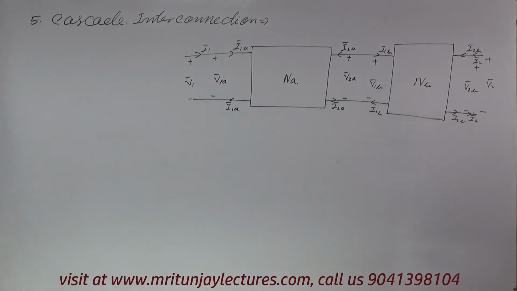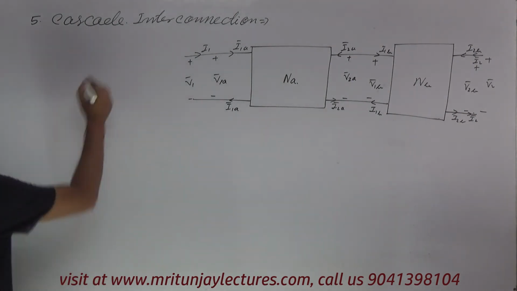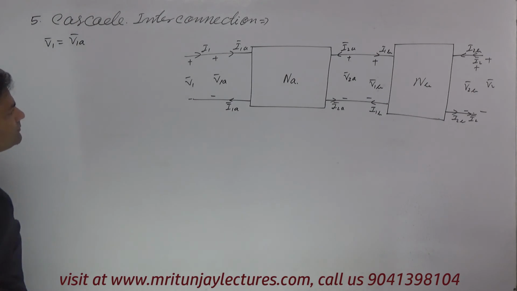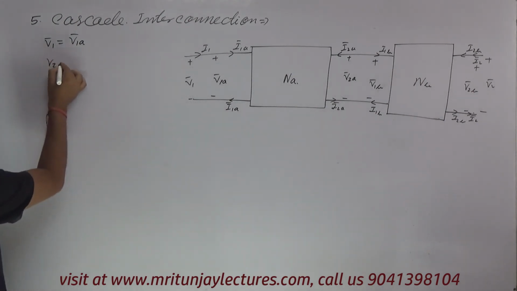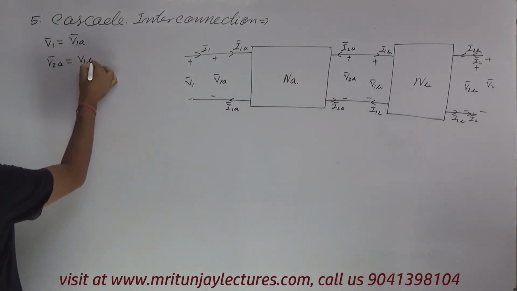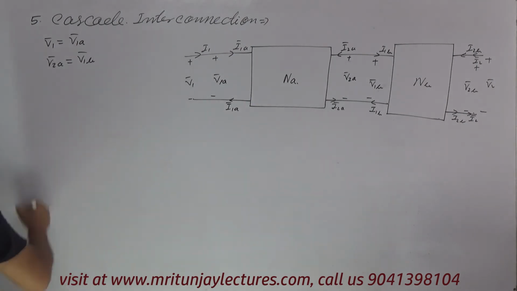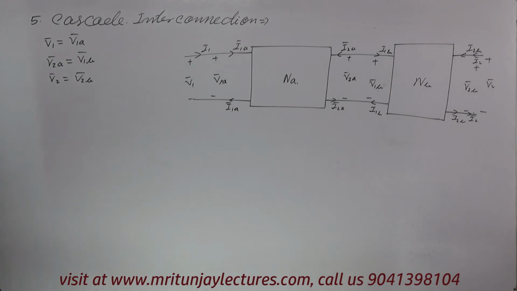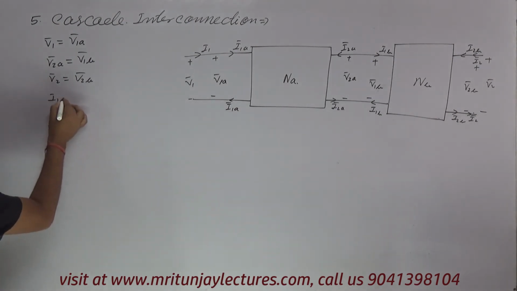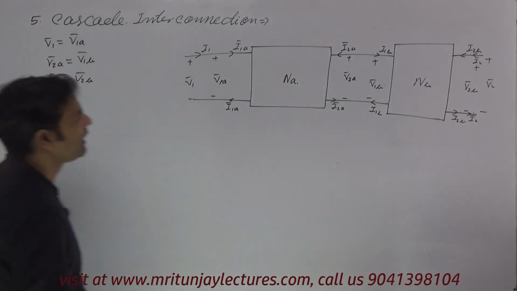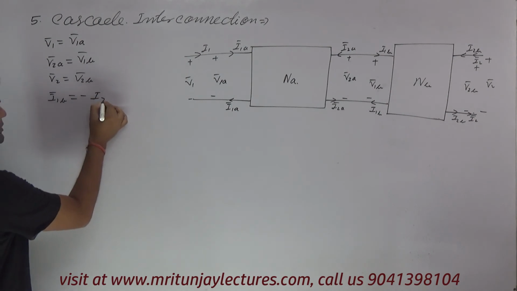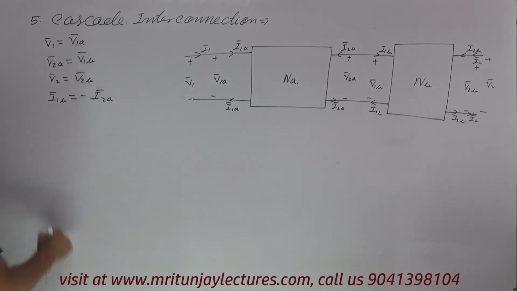Okay, now we got V1 is equal to V1A, and V2A is equal to V1B, and V2 is equal to V2B. Clear or not? Okay. Now I1B is equal to minus I2A.